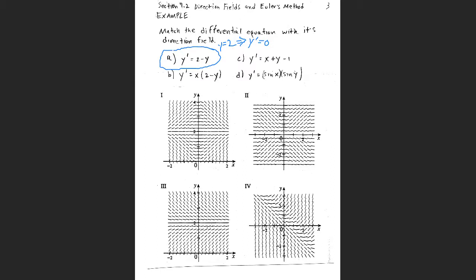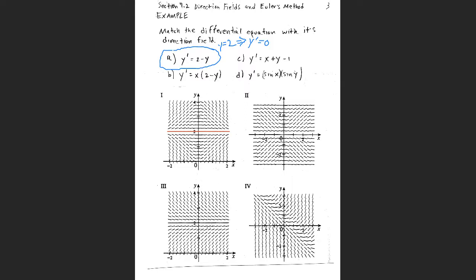Okay, well, let me take a look here. Here's y equals 2 on the first direction field. Do the slopes look flat along y equals 2, along that line? Are the slopes flat? They are.